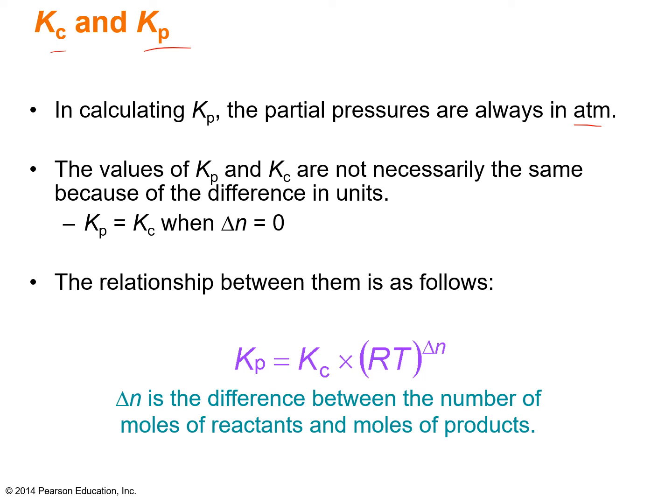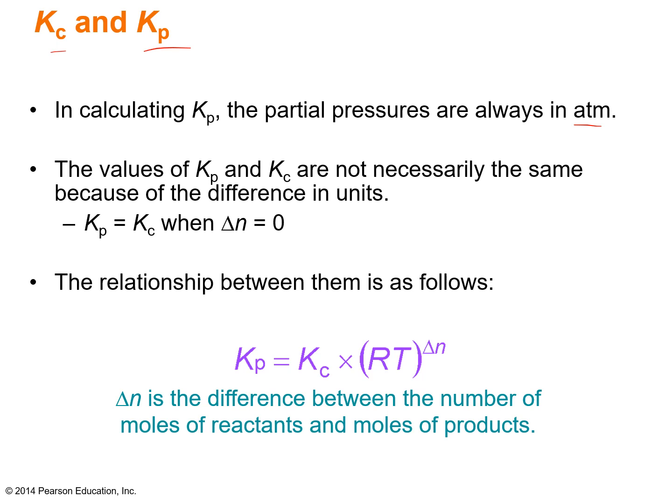We will not be using torr or millimeters of mercury. It's always going to be atmospheres. We standardize it that way so that we can complete universal calculations with that method. The values of Kp and Kc are not necessarily the same because of the difference in units.